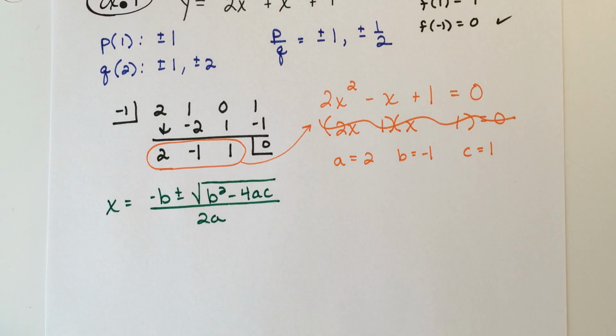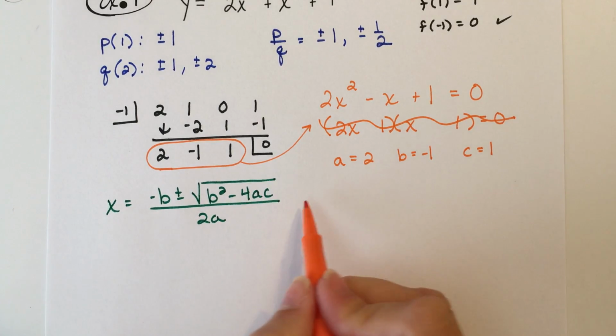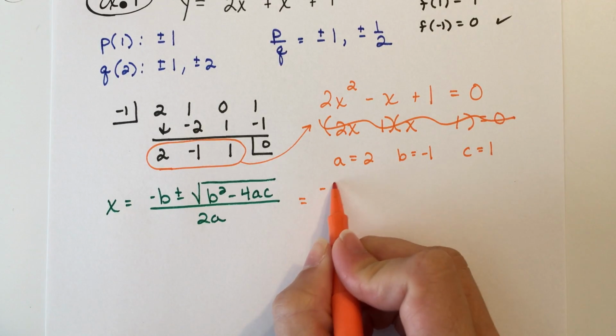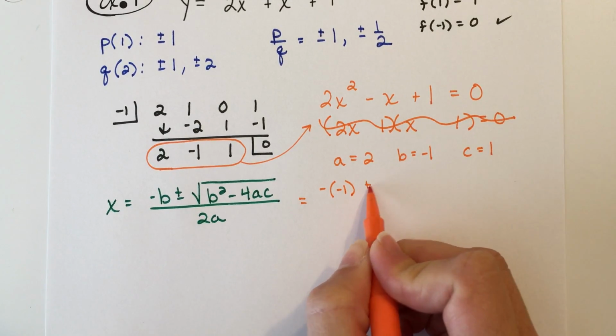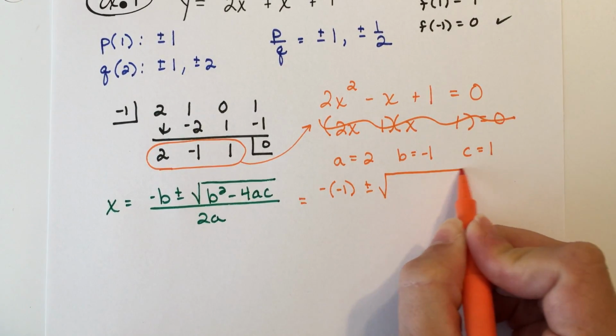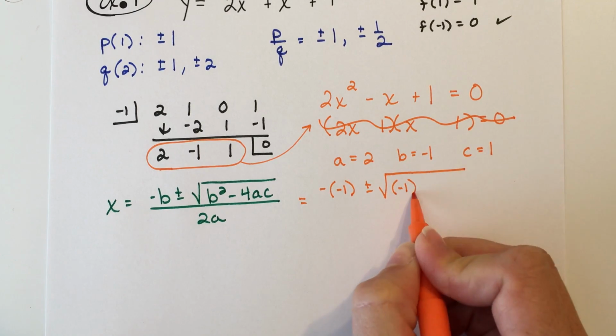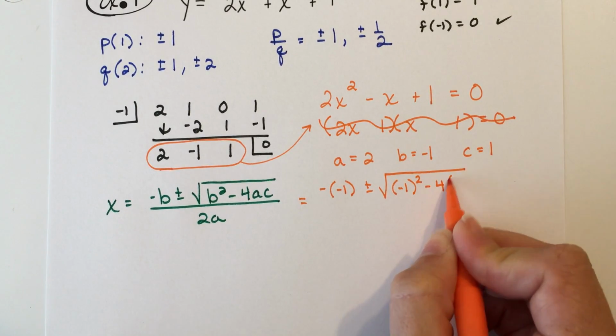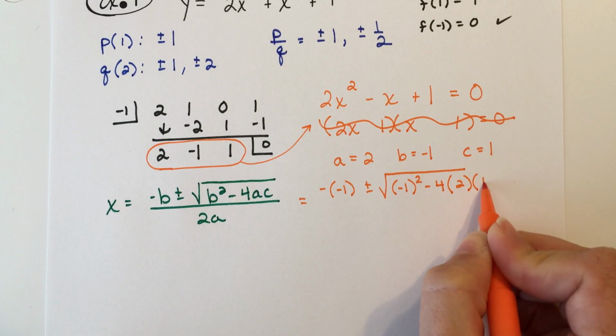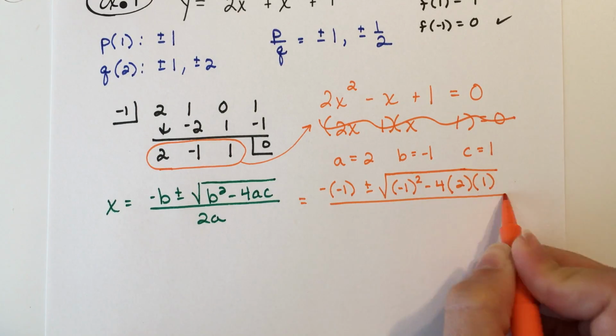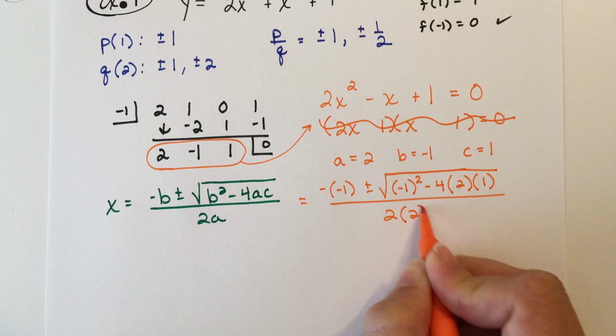Okay, so I need to substitute in these 3 values here. So I would have negative 1 plus or minus the square root of negative 1 squared minus 4 times 2 times 1 divided by 2 times 2.